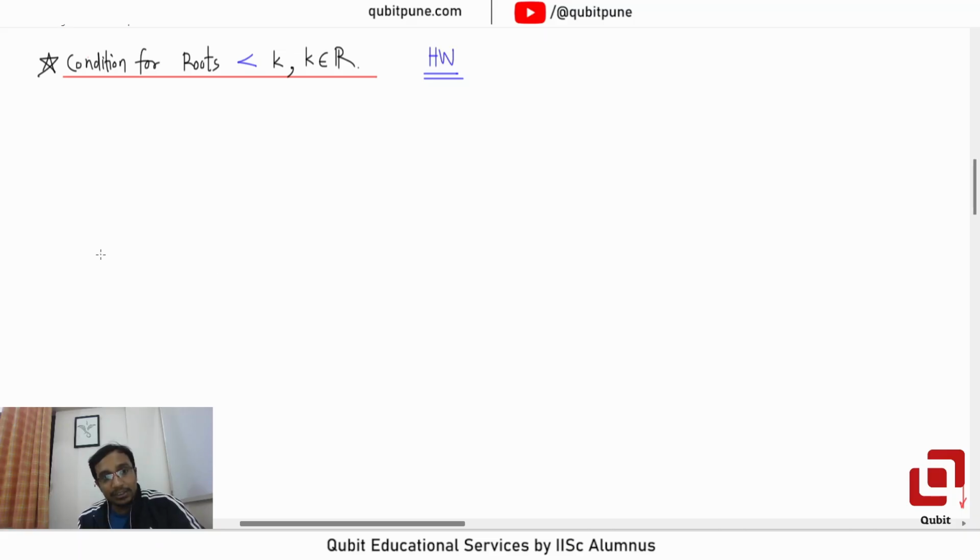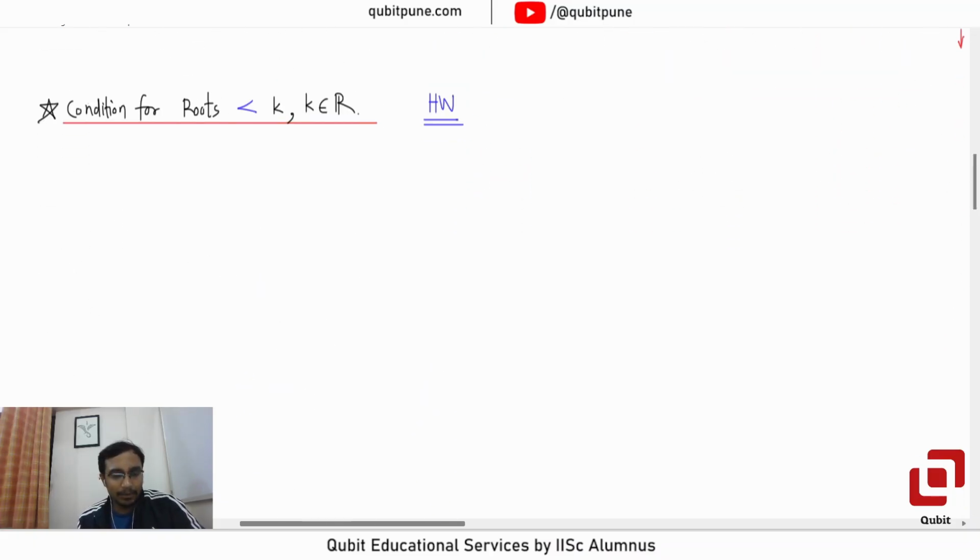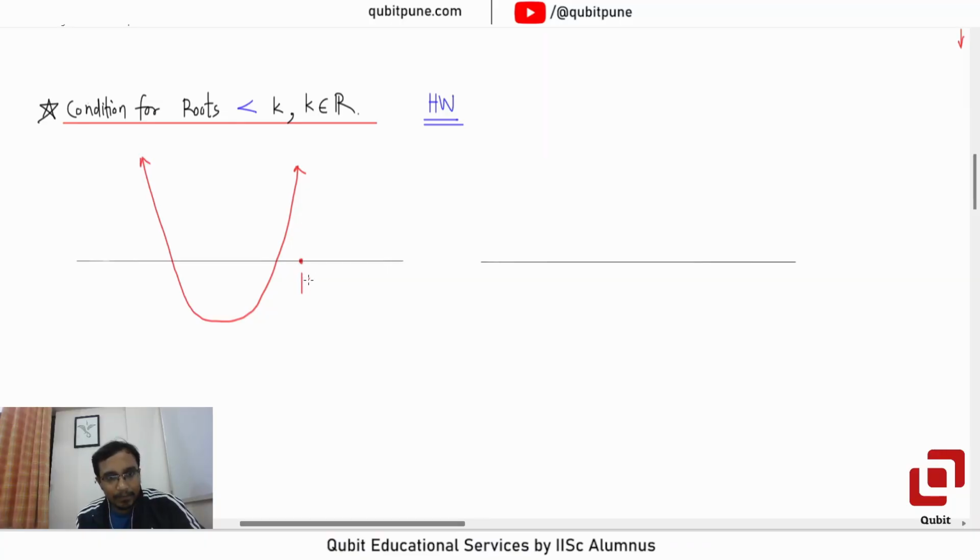Roots, remember, will again be real. So d greater than 0, that condition has to be there. Look, I'll just draw the sketches for you. You just develop the inequalities on your own.